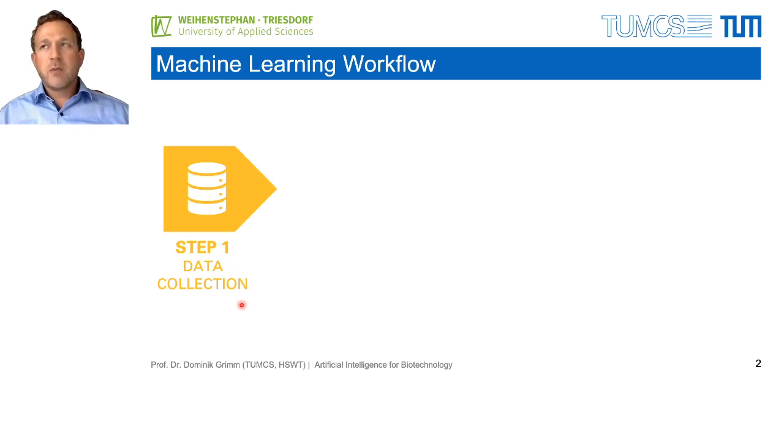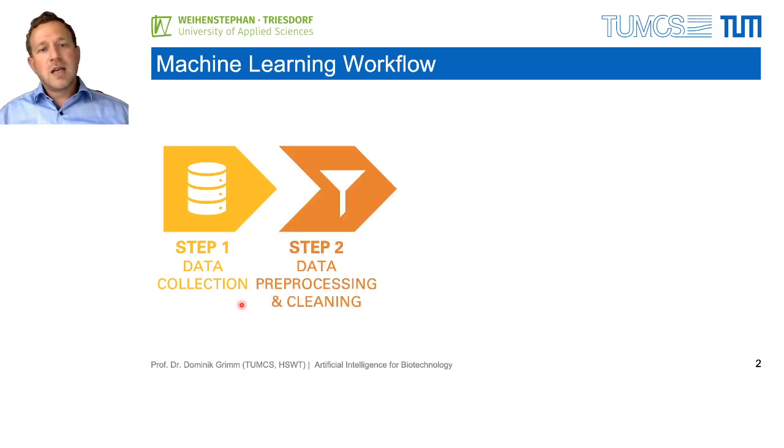The next step, which usually takes a lot of time, is data pre-processing and data cleaning. So these two first steps make usually 80 to 90% of the work when you do machine learning projects. So first you have to collect the data, then you have to inspect the data, you have to clean it, you have to pre-process it, and so on. So this is a lot of work and should not be underestimated.